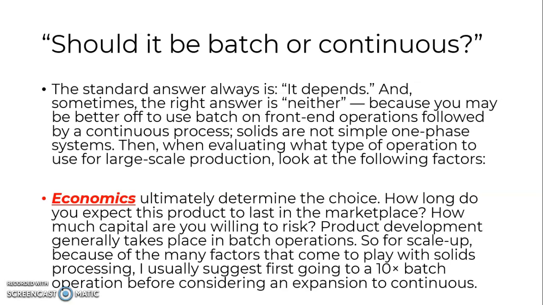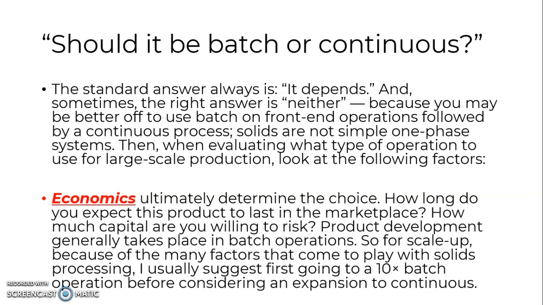This kind of question you may ask during your final or third year, during your CPD, I think integrated design project, whether to choose a batch or continuous process. Okay, the standard answer is always it depends, because you may be better off using a batch front end operation followed by a continuous process.